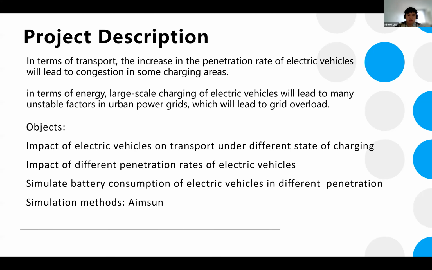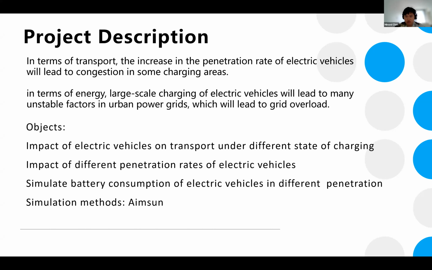For the last semester, I did the literature review. For the literature related to electrical vehicles, in terms of transport, with the increasing number of charging stations, electrical vehicles will replace the traditional vehicle. Increase in the penetration rate of the electrical vehicle will lead to congestion in some charging areas.